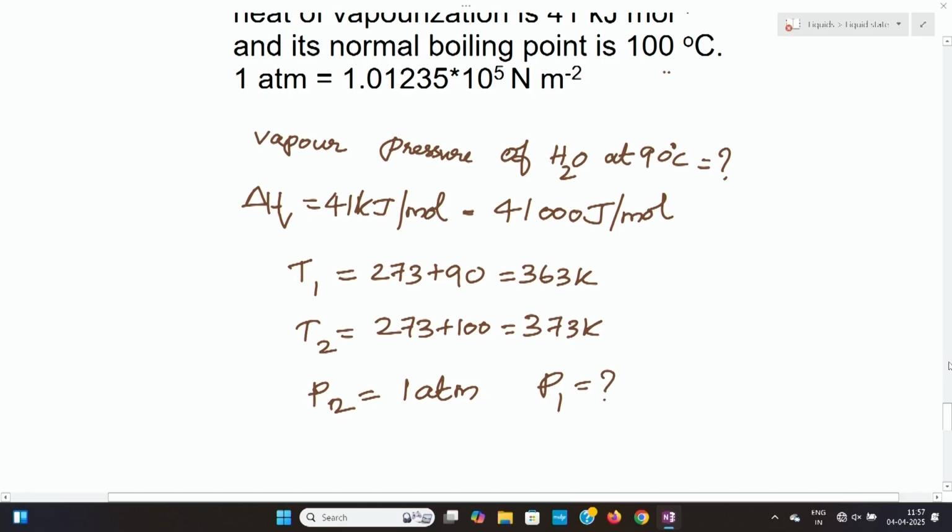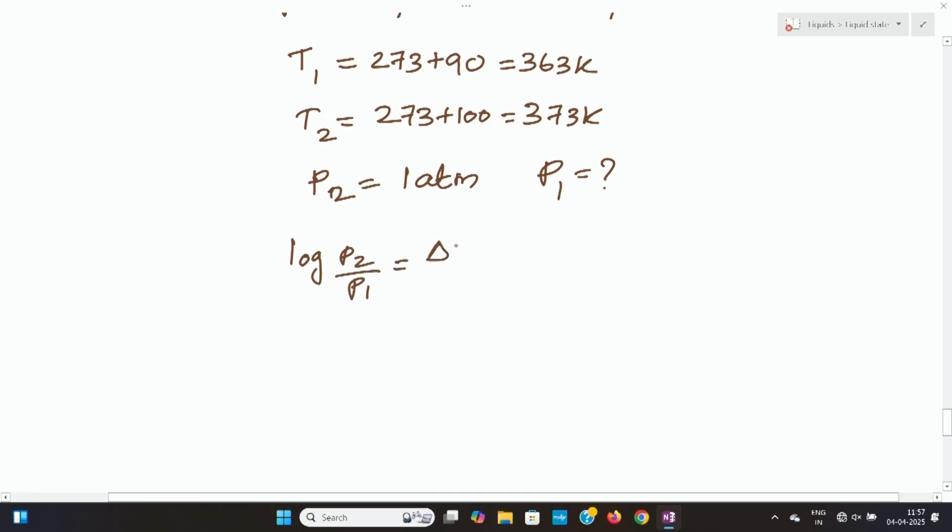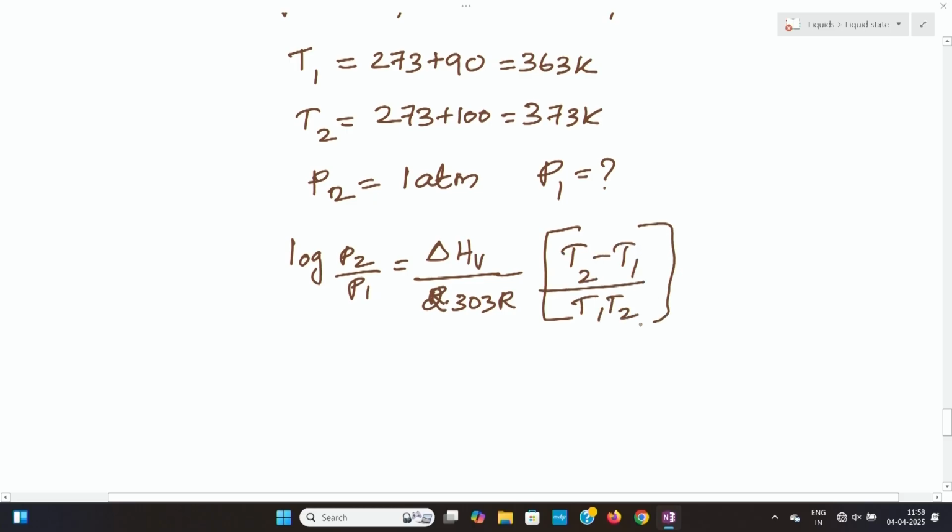So our equation is log P2 by P1 is equal to delta H vaporization by 2.303 R into T2 minus T1 divided by T1 T2. So you have to substitute all the values here.